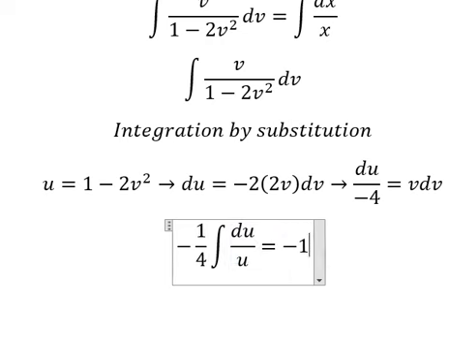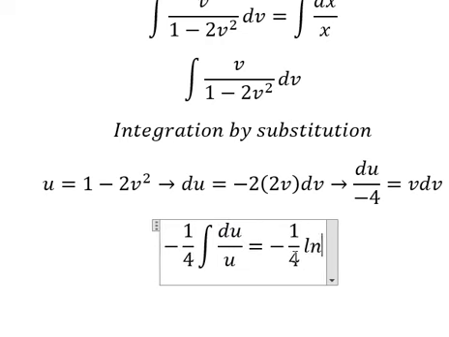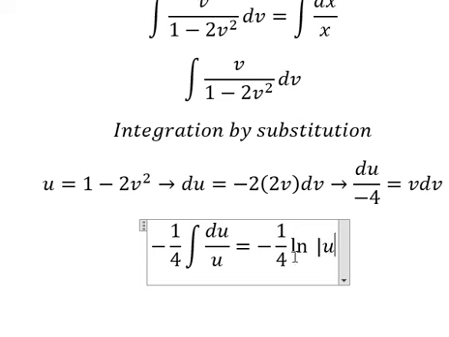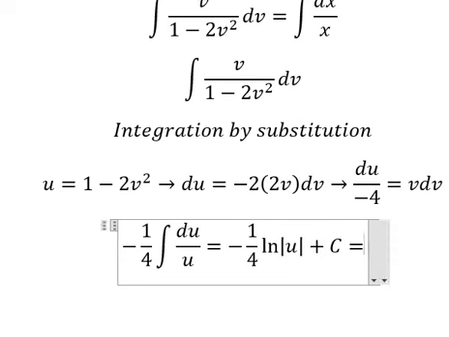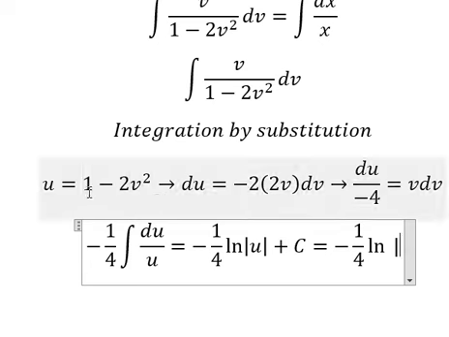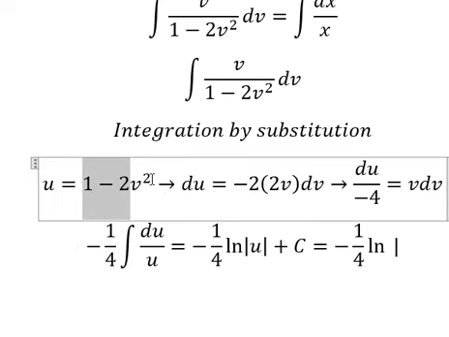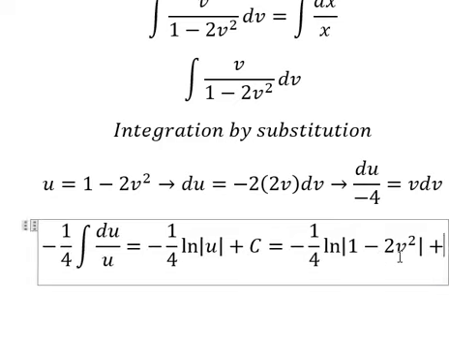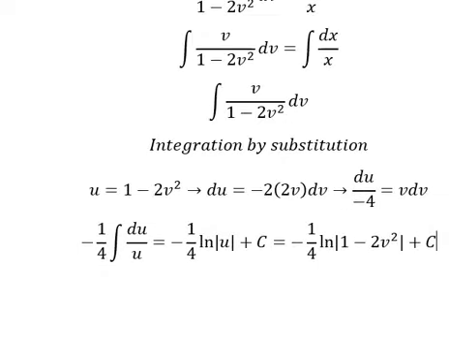The integration of this one, we have Ln of the absolute value of u, and I will put c. About u, that is about this one. Next, we go back in here.